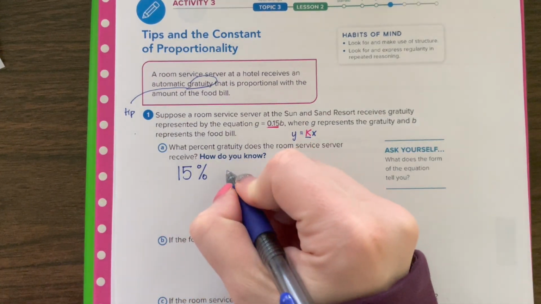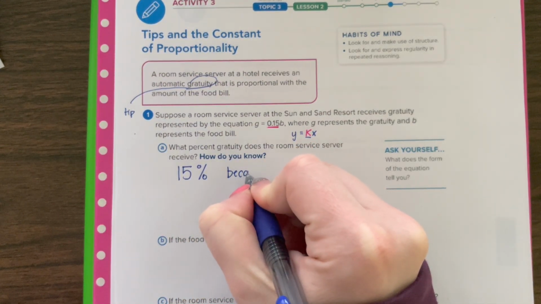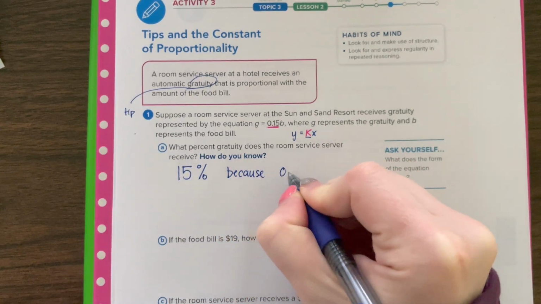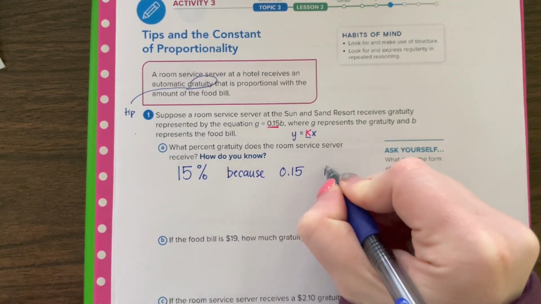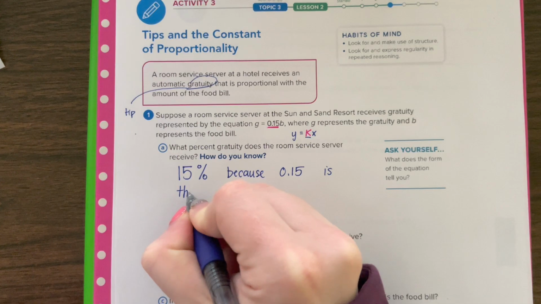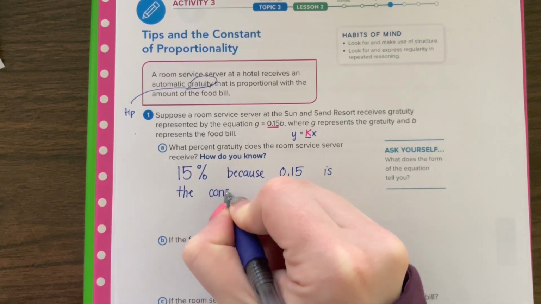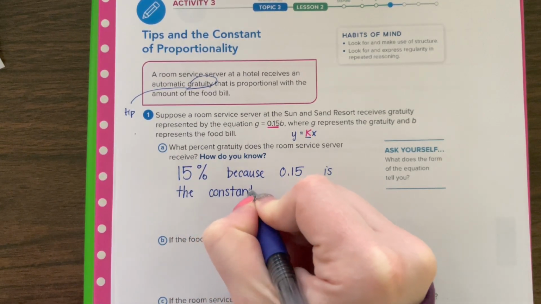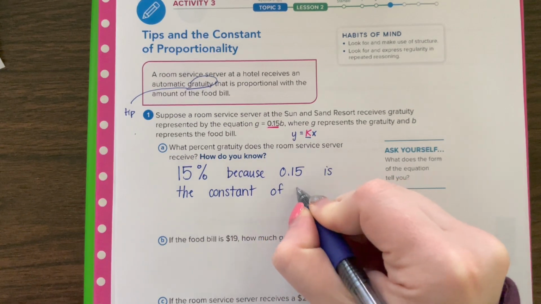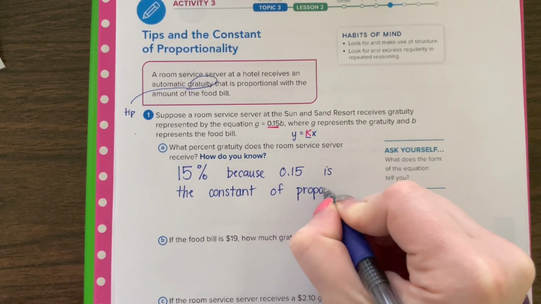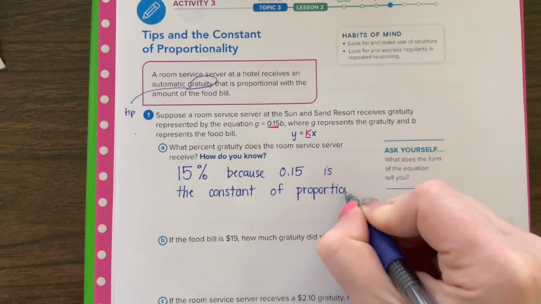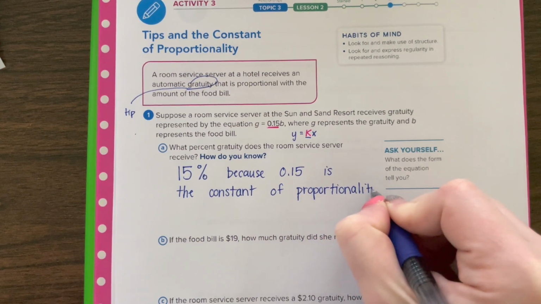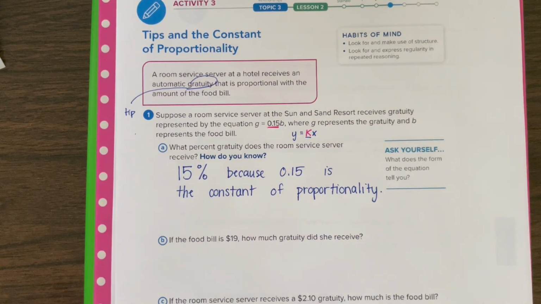So 15% because 0.15 is the constant of proportionality.